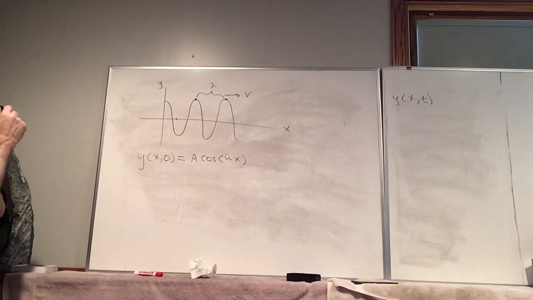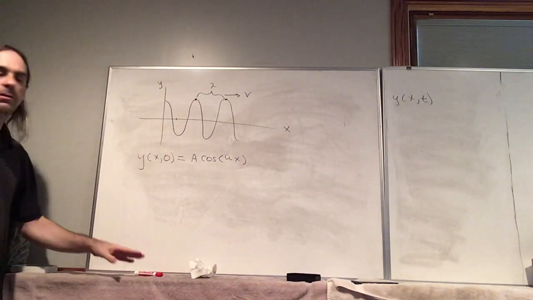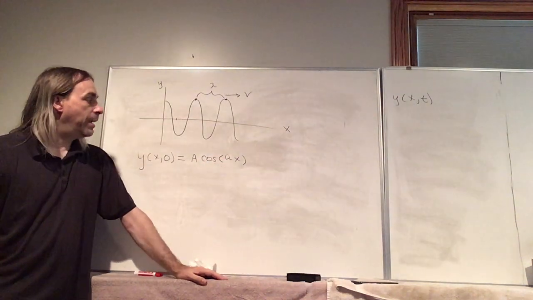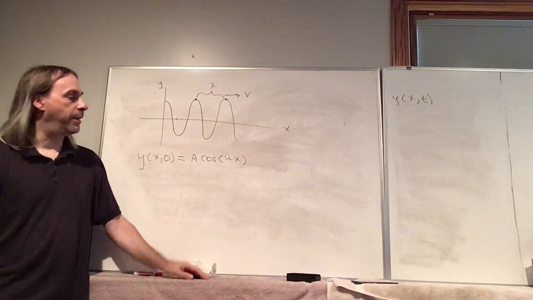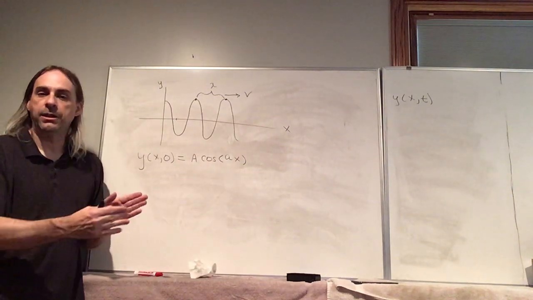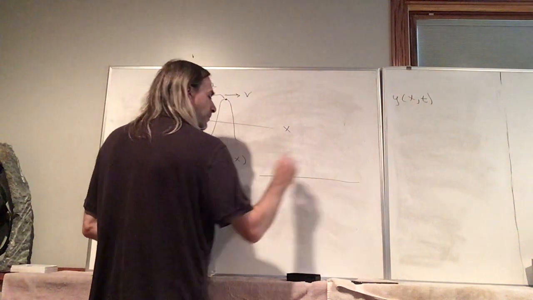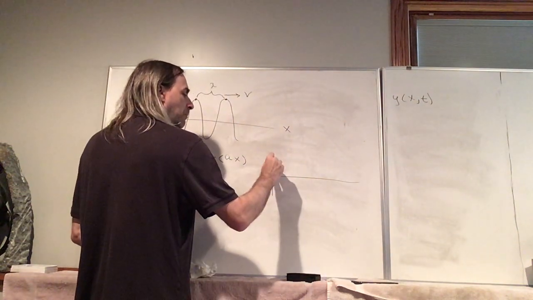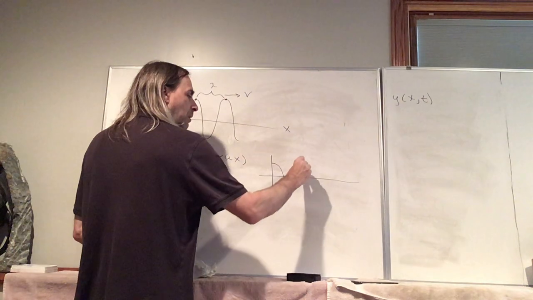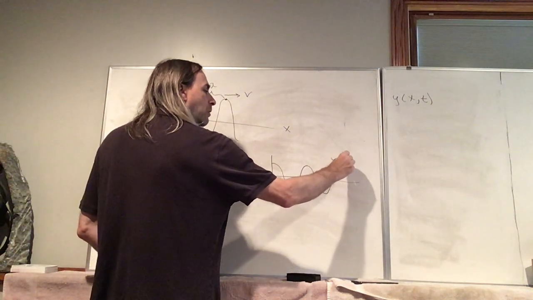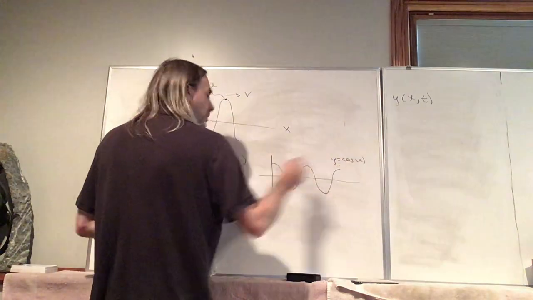Okay, so for a particular wave, how do we find what this constant is? I mentioned it should depend on the wavelength. Like if we just have cosine of x, let's compare. Let's say that this function is y equals cosine of x.